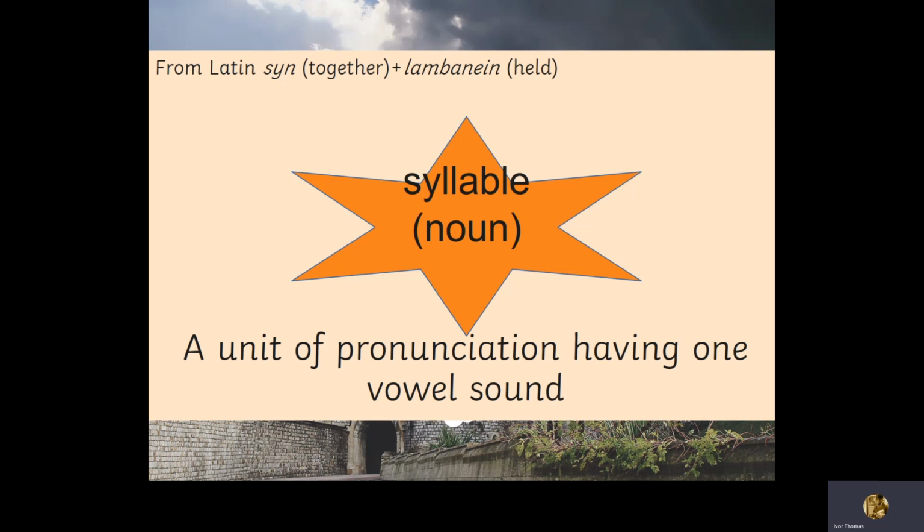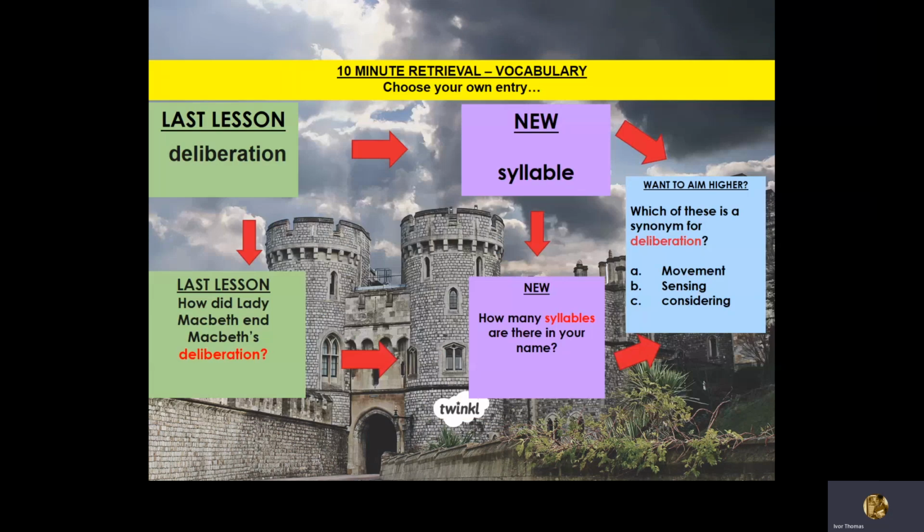So if the word water has 2 syllables, or inspector has 3 syllables, how many syllables are there in your name? So think about your name and count how many syllables there are. Matthew. Elizabeth would have 4.